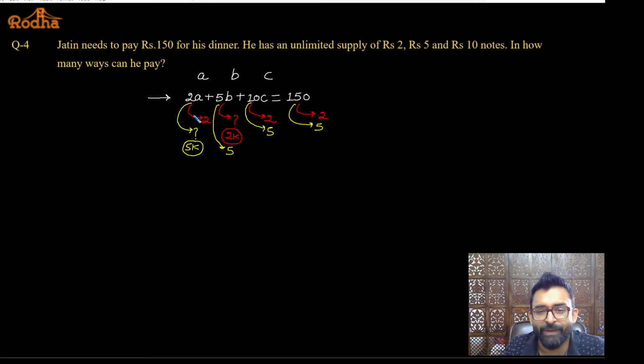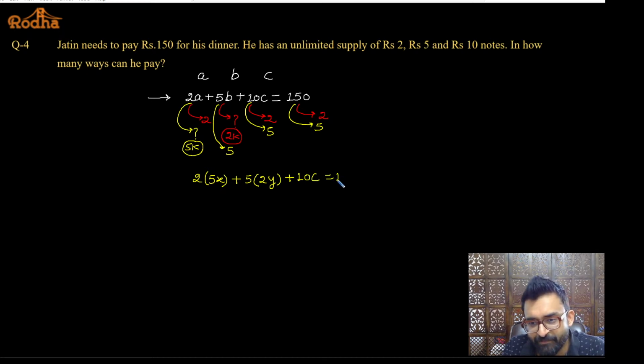Essentially I can write A and B this way. Let's say A I write as a multiple of 5, that is A is 5x. B is 2y, and there is no problem with C. Then 150 is 10x plus 10y plus 10c, so x plus y plus c is equal to 15.